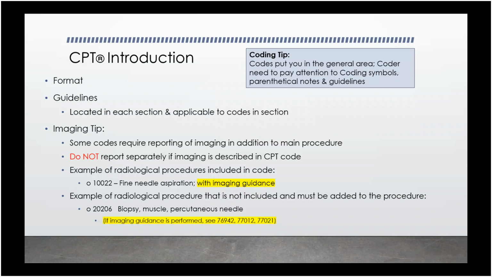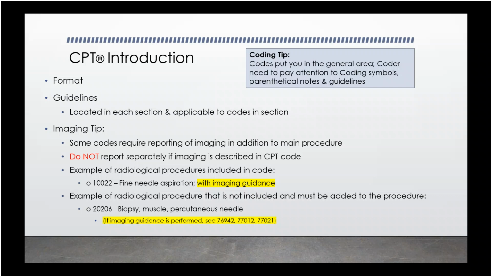Coding tip. This is one that you need to be very aware of. Codes put you in the general area. They don't always put you in the definite area in the correct code. So you have to pay attention to the coding symbols, parenthetical notes, and guidelines to assign the appropriate code.